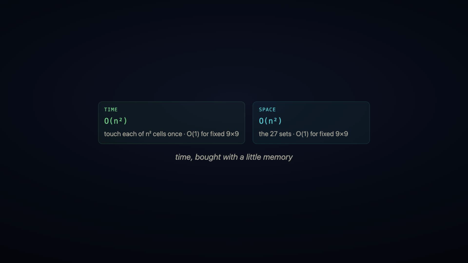So strictly speaking, this is constant time and constant space. But the shape is what matters. For a board of side n, it's n squared time, because we touch each of the n squared cells once, and n squared space for the sets. Time bought with a little memory.